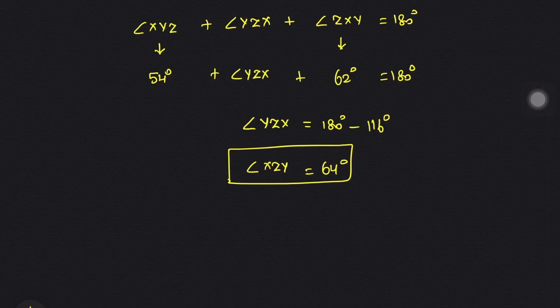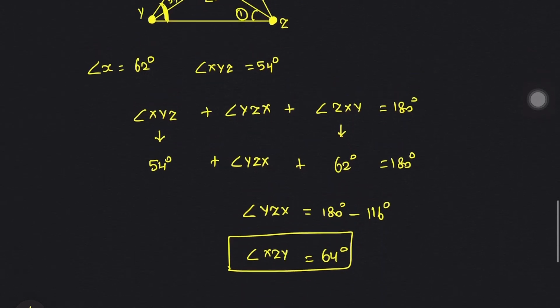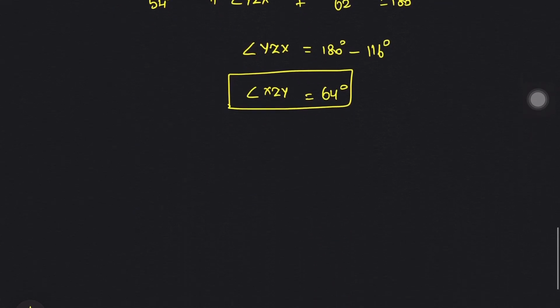And also another point, YO and ZO are bisectors of XYZ and XZY. That means these two lines are bisectors of angle Y and angle Z. So angle OYZ is equal to half of the value of angle XYZ.